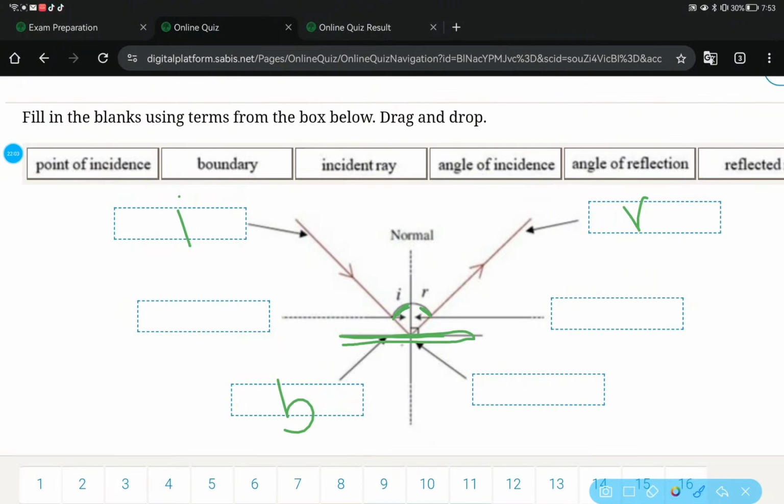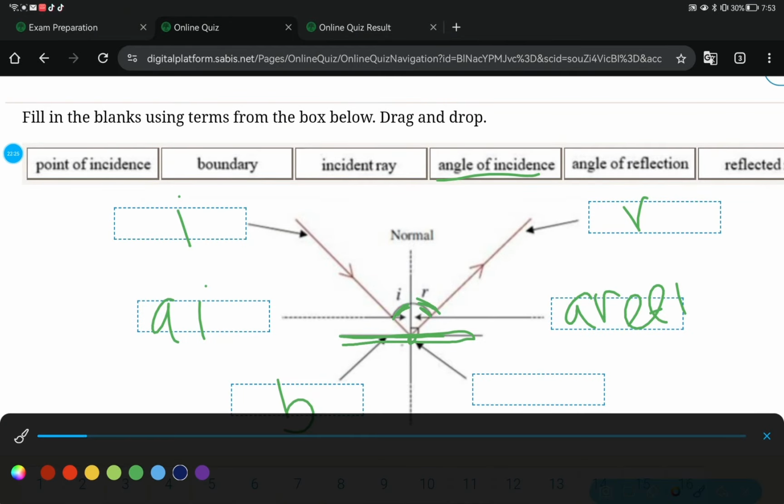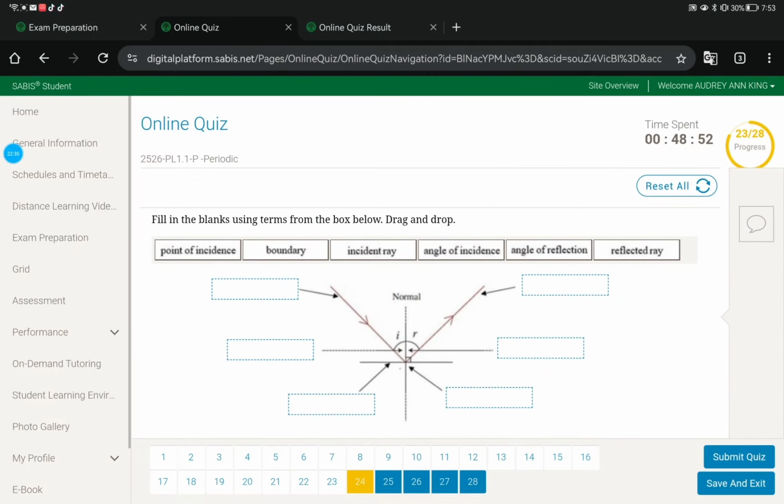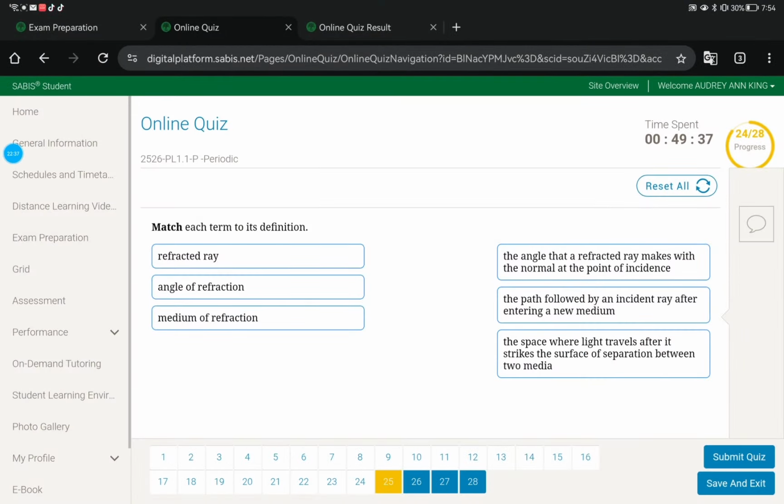So the angle between the normal and the incident ray is called the angle of incidence. And the angle between the normal and the reflected ray is called the angle of reflection. So that means this point where it all meets is called the point of incidence. And that's basically what you need to know for this diagram.